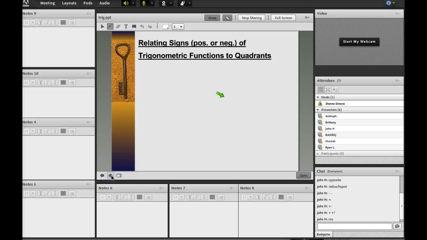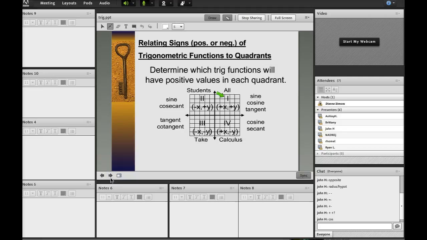So we want to determine the trig functions that will have positive values in each quadrant. In the first quadrant, sine, cosine, and tangent all have positive values. In the second quadrant, the sine has positive value. Cosine is negative. Tangent is negative.